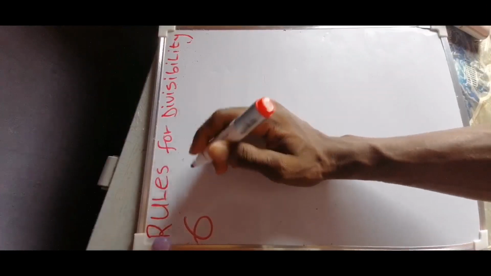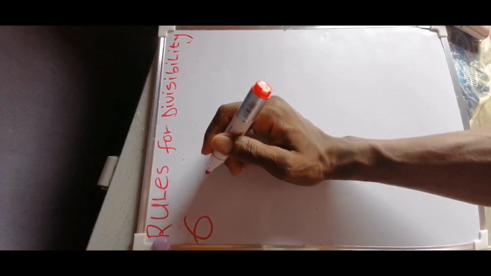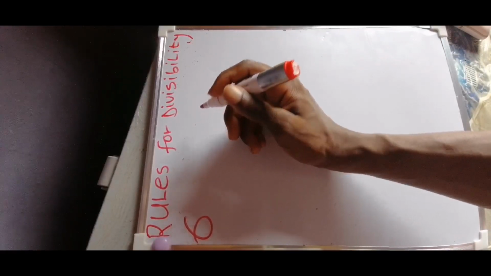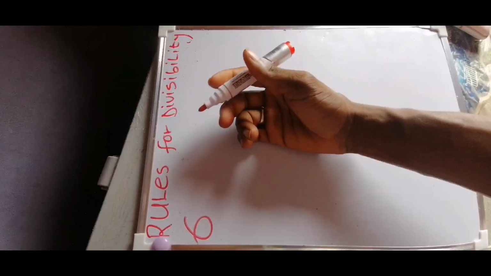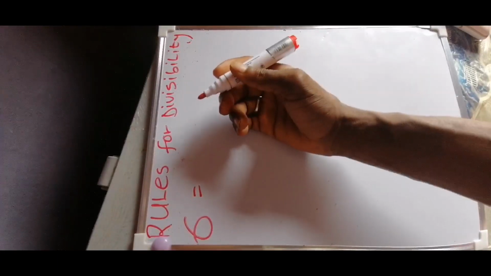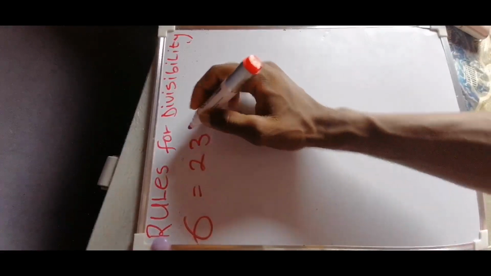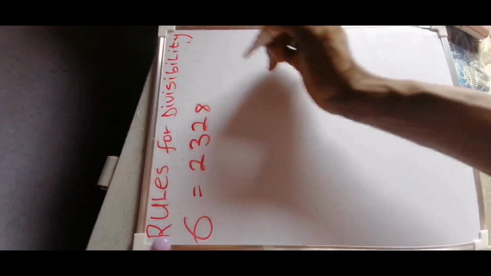6 can be divisible by any number if its last digit is an even number and the sum of the digits is divisible by 3. So let's use, let's say, 2328.